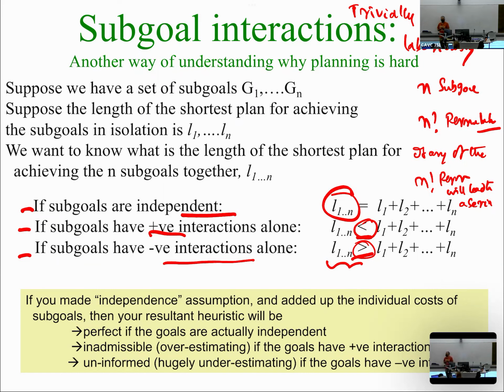I guess my question would be, wouldn't that lead you to always underestimating the actual cost? Yeah, again, you're jumping ahead. If you ignore negative interactions, you will underestimate the cost. But remember, from the intro to AI, the only theorem that you can ever get about heuristics is if you never overestimate the cost.